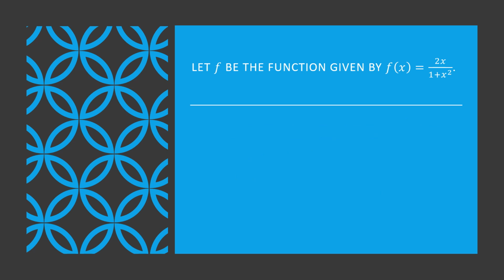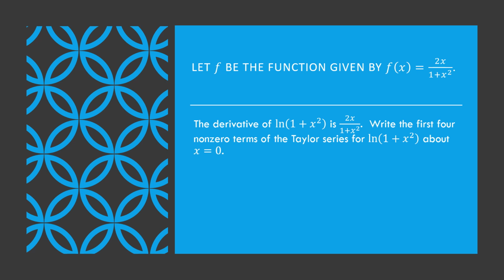converge. All right, the next part says we know that the derivative of ln of 1 plus x squared is 2x over 1 plus x squared. They just want the first four terms for the Taylor series of ln of 1 plus x squared. All right, so basically they're telling us that if we integrate the 2x over 1 plus x squared, I should get my ln of 1 plus x squared back.